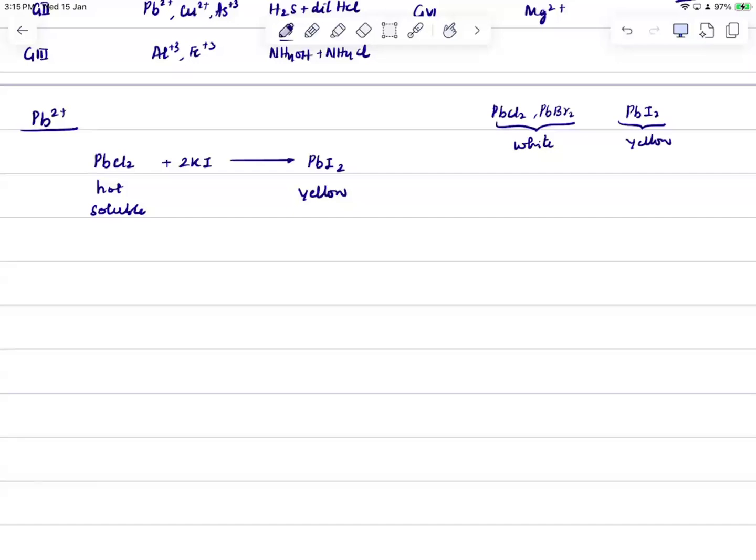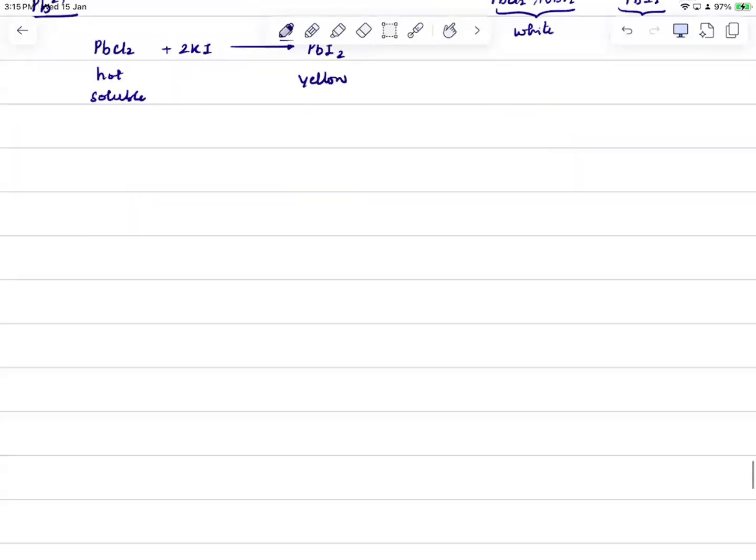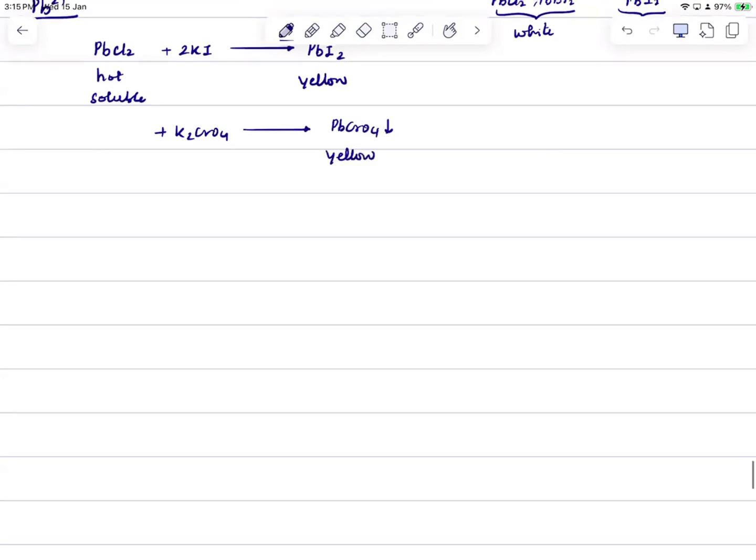Next, if you react the same thing with K2CrO4 or Na2CrO4, a yellow solution, it converts into lead chromate, a yellow precipitate.